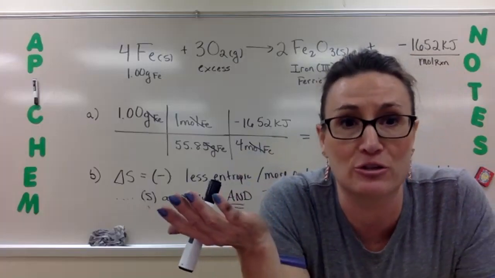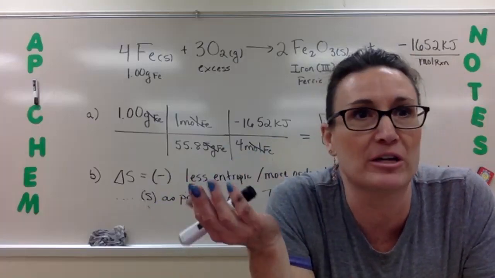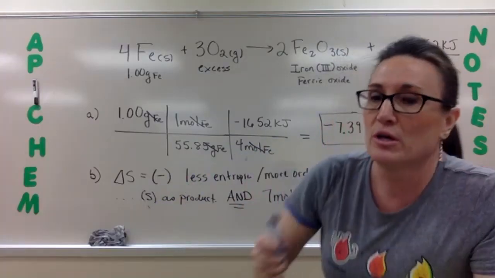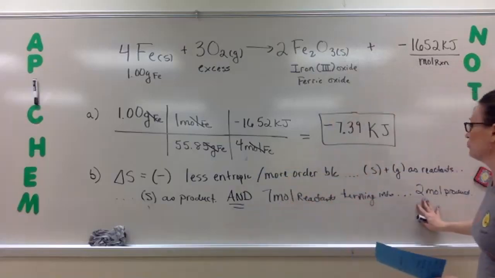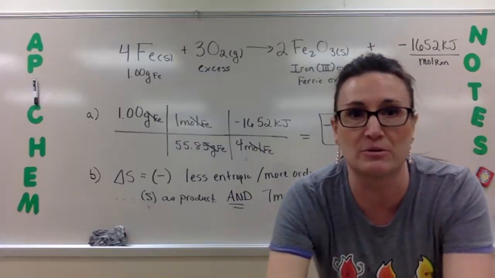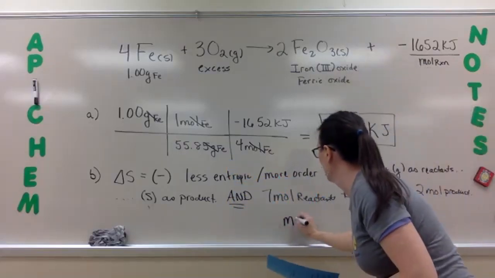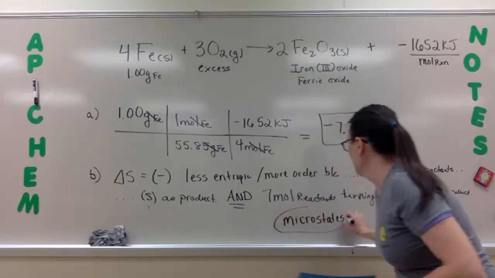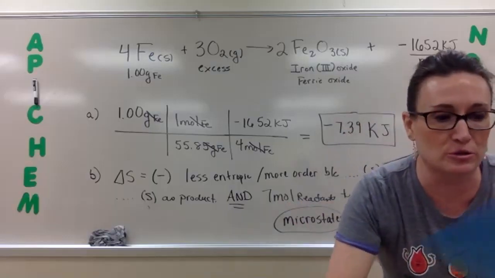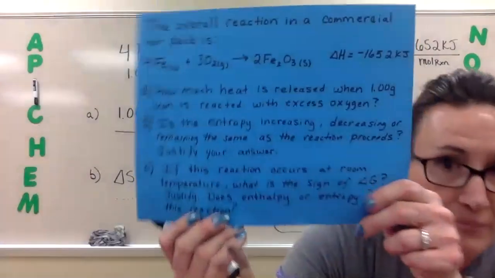But if I only had 2, there's only so many options as to how they could sit. Those are called microstates. So when you have 7 particles or 7 moles, and then you have 2, there's just fewer microstates. Now, I don't think you need to say that, but if you do, it'll just make you look a little cooler than the average. Okay, let's keep going.